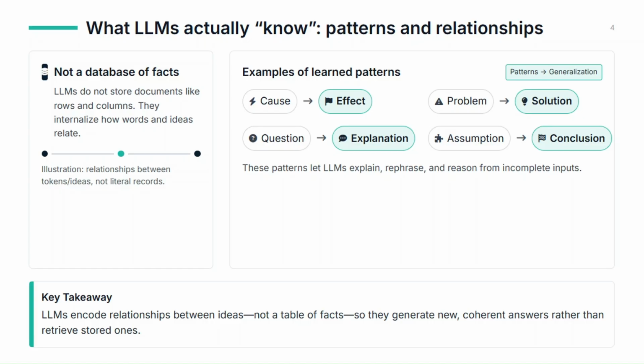Questions are followed by explanations. Assumptions lead to conclusions. By learning these relationships, LLMs can reason, summarize, and explain, even when information is incomplete. Think of an LLM not as a filing cabinet, but as a pattern recognition engine for language.